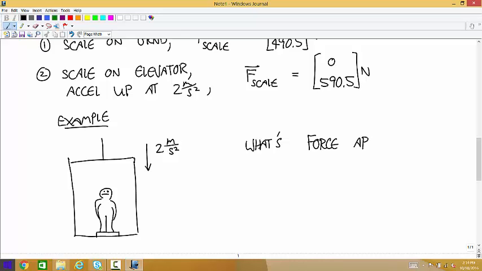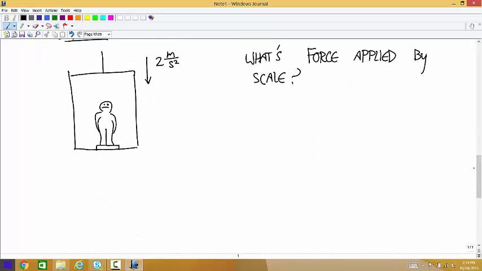So what's the force applied by the scale? So Newton's second law, we'll use a coordinate system with the y-axis up. So the weight is 0 and then negative 50 times 9.81.